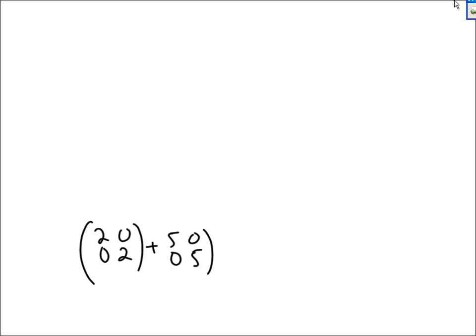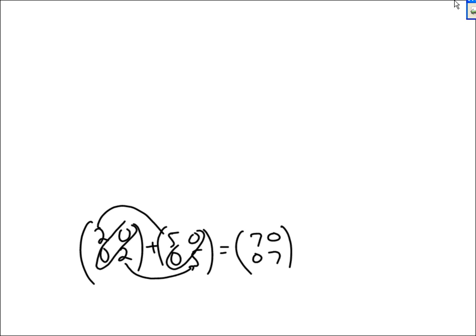If the diagonal entries of the first matrix are all 2's, and in the second matrix the diagonal entries are all 5's, when you add them, the diagonals will always be 2 plus 5. Okay, see that. 2, 0, 0, 2 plus 5, 0, 0, 5. These are the entries off the diagonals. When you add them, they'll still be 0. And on the diagonals, 2 plus 5, 2 plus 5. Yep, it's a scalar matrix.